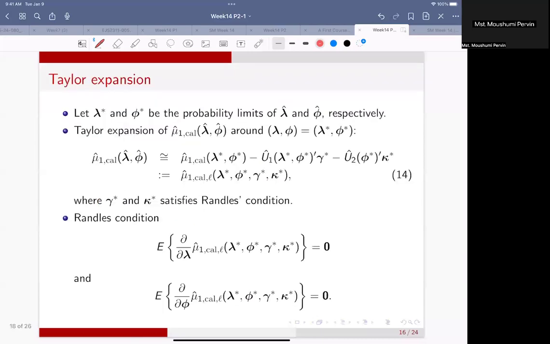So let's call the limiting points lambda star and phi star. It can be anything, but we can just call it that for now. And then we try to apply the Taylor expansion.